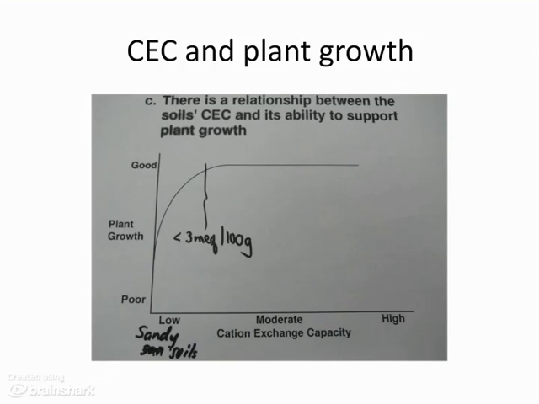We have a rule of thumb that if a soil has a CEC of less than 3 milliequivalents per 100 grams of soil, the lack of negative charges in that soil may actually limit its ability to hold nutrients. CECs are low in sandy soils. So in sandy soils and loamy sand soils, the CEC may be so low that it has a dampening effect on the soil's ability to hold nutrients to produce good plant growth. We'll talk about this a little bit later.